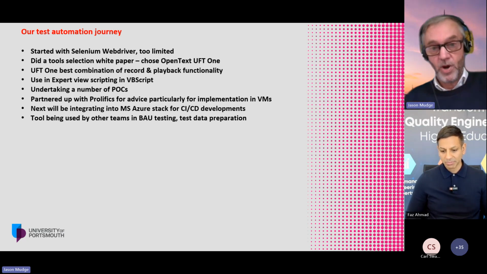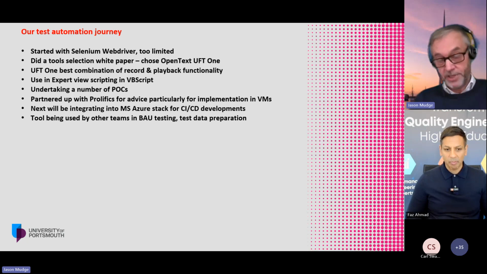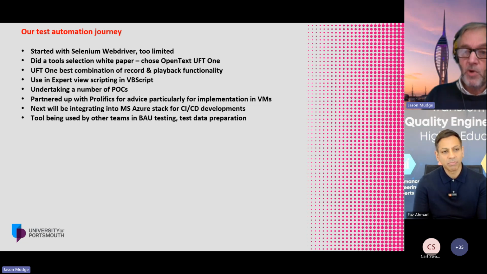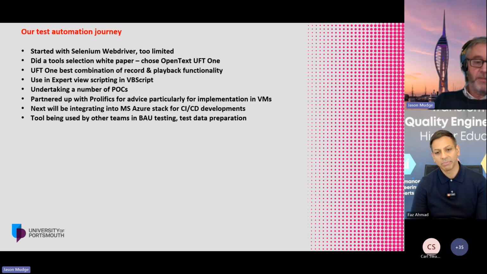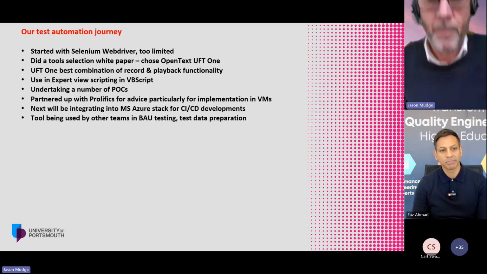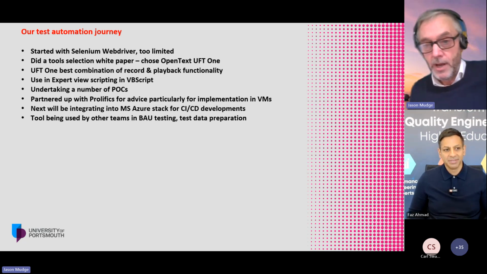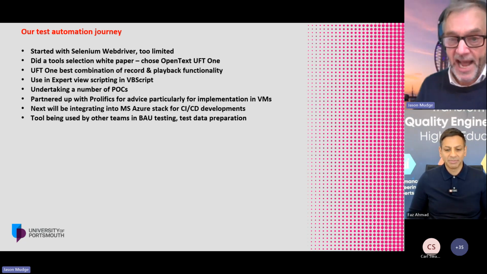But again, I know this is functional, not non-functional, but I wanted to call out our partnership with Prolifics during this whole process, their expertise in test automation, their understanding of the marketplace. We're going to be leaning on them fairly soon to help us put it into a CI/CD stack.